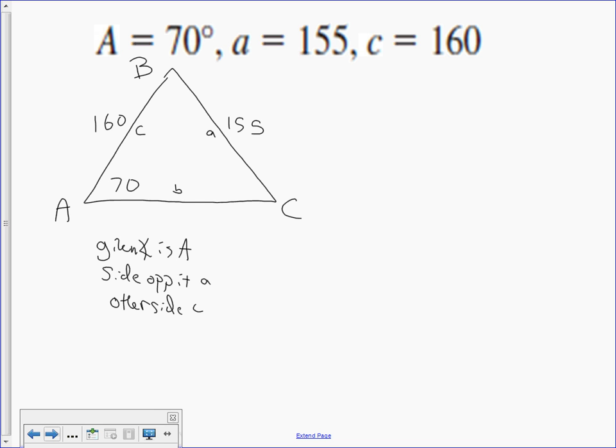Is the given angle acute or obtuse? It's acute. So the given angle A, it's acute.